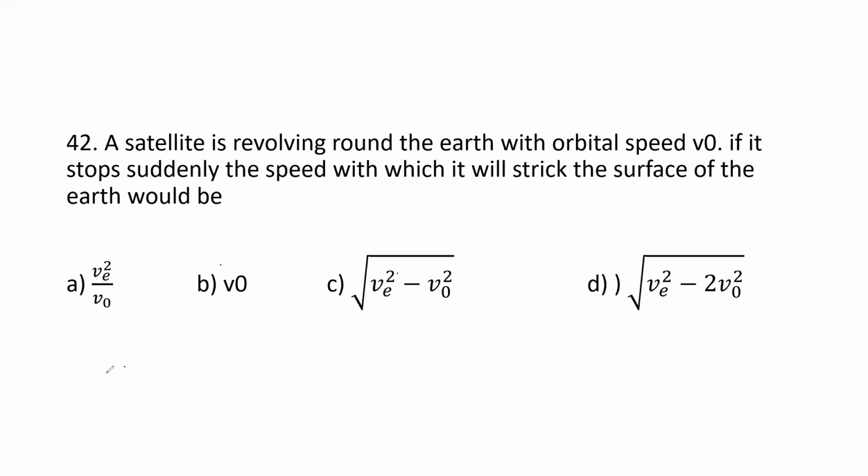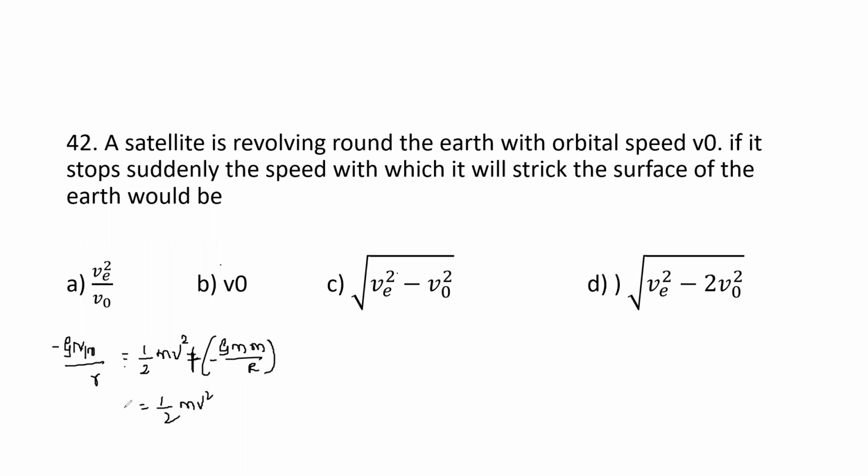So here we can assume that by applying the conservation of mechanical energy between points A and B, we can write minus GMm by R, the potential energy, is equal to kinetic energy half mv square plus the potential energy at the surface.